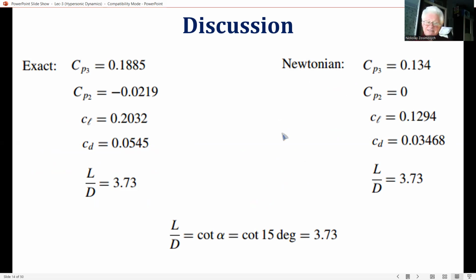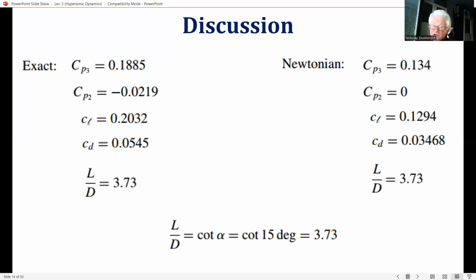So Newtonian theory underpredicts the pressure coefficient on the lower surface by 29%. For the top surface of the plate, we have the following. In the exact solution, CP2 gives us a negative value, 0.0219. Okay? And Newtonian gives us CP2 of 0. So Newtonian theory overpredicts the pressure coefficient on the upper surface by 100% of exact.